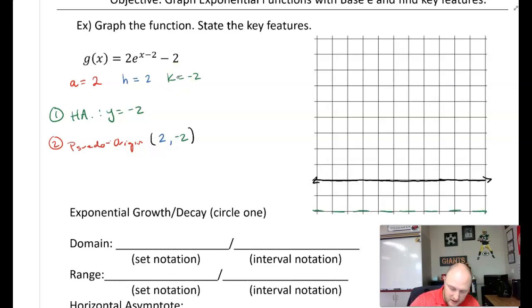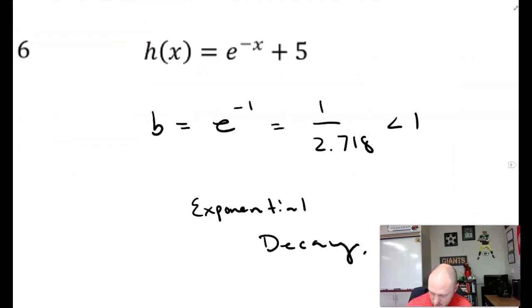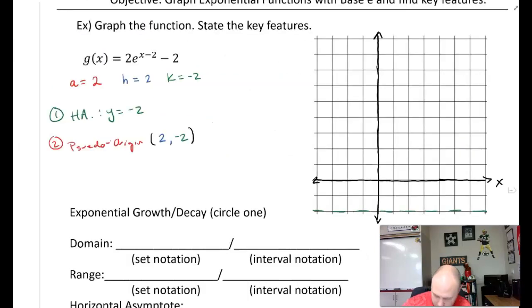Okay, and then our y-axis, since we're going right 2, I'm going to shift mine to the left about 2 units. Okay, so here's our x and our y-axis. Okay, and then I'm going to plot my pseudo-origin, which is 2, negative 2. So right here, there's my pseudo-origin.